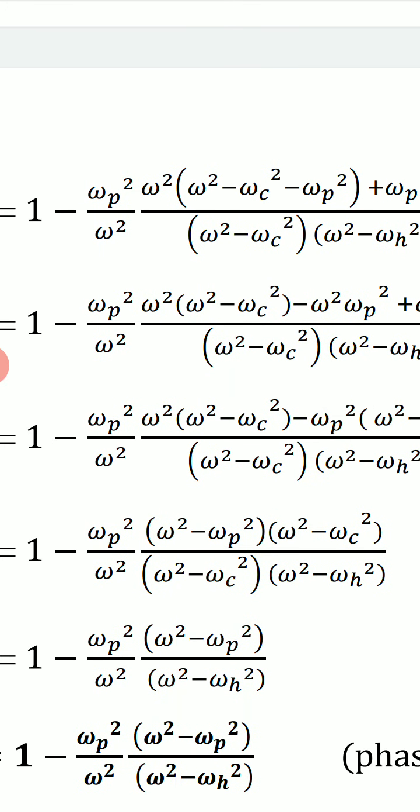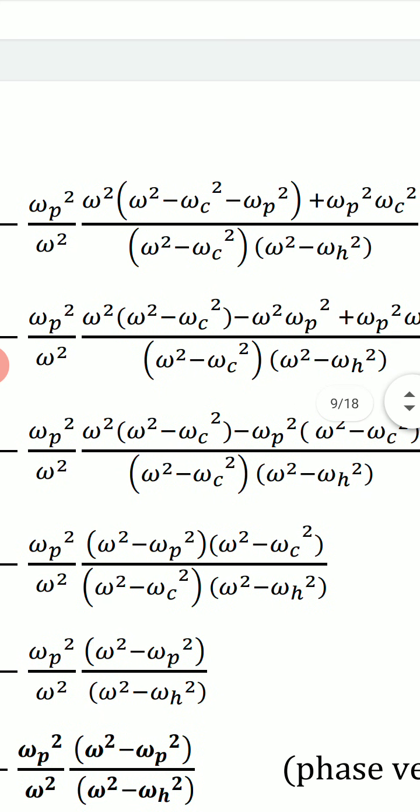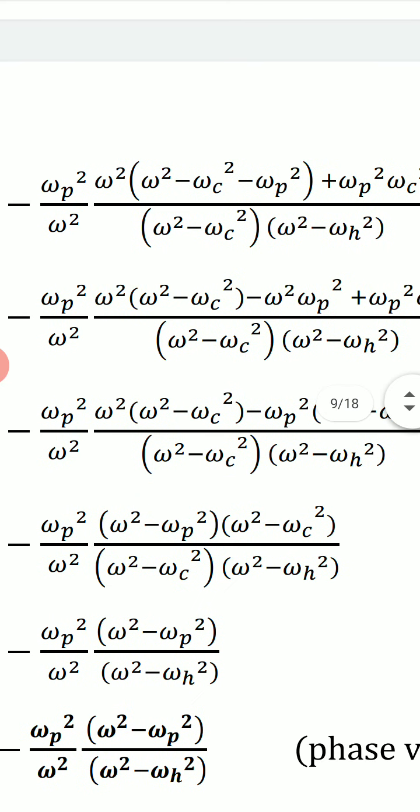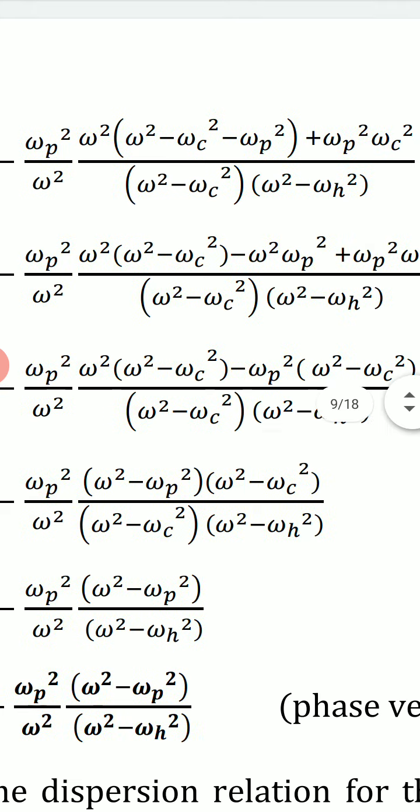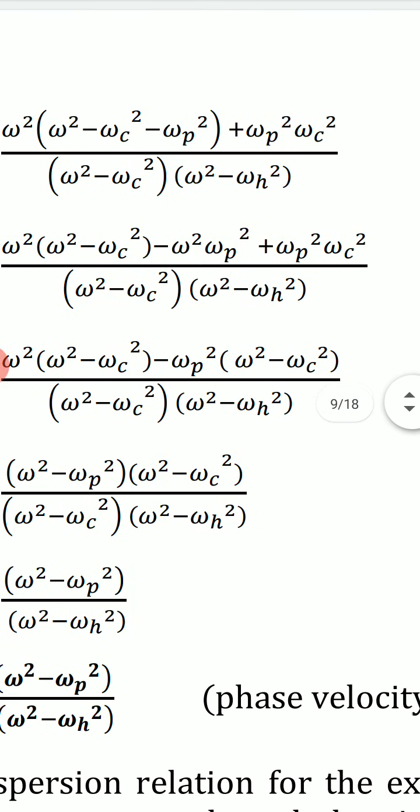Now we have this equal to 1 minus omega p square upon omega square into omega square into omega square minus omega c square. Then we have minus omega square into omega p square plus omega p square omega c square.